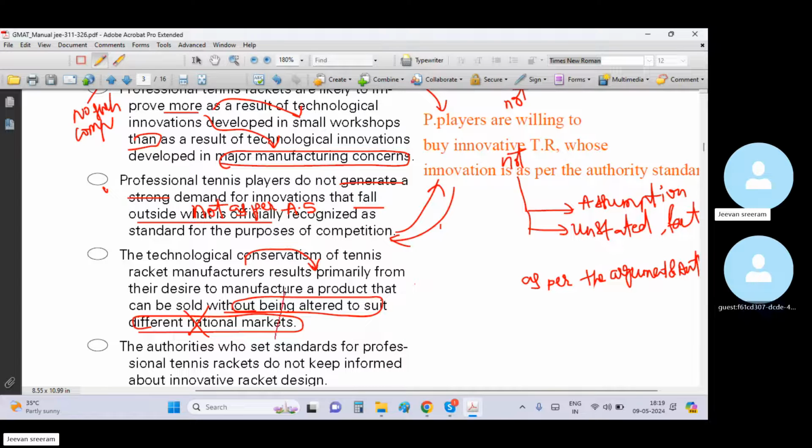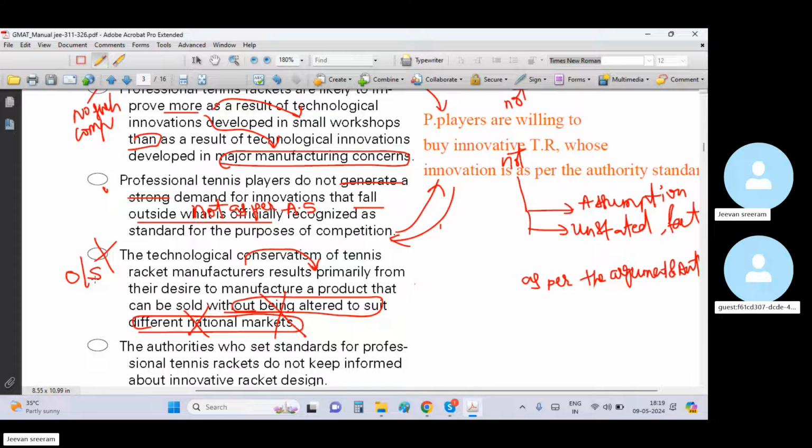Is this the reason given in the argument anywhere for why they are producing similar conservative rackets? This is not the reason given. It is something of a reversal, out of scope, wrong information.